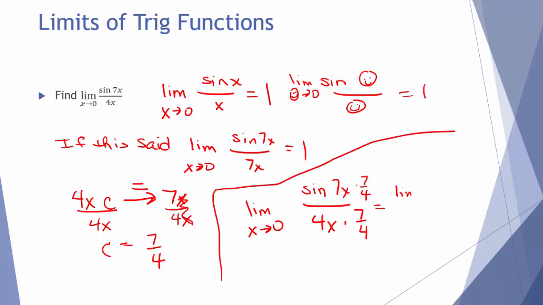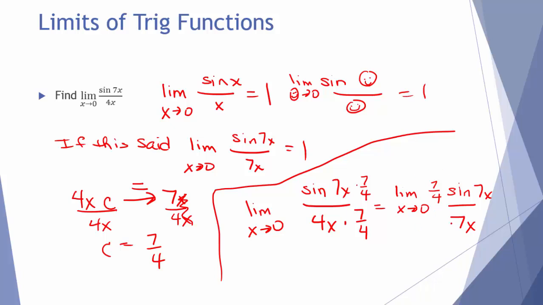And what we're going to get is the limit as x approaches 0. In your denominator, you're going to get exactly what you were trying to get, which is 7x. And in your numerator, you're going to have the sine of 7x. Remember, the 7/4 cannot multiply times the 7x because that is inside your sine function. So I'm going to put the 7/4 out front of the sine function.